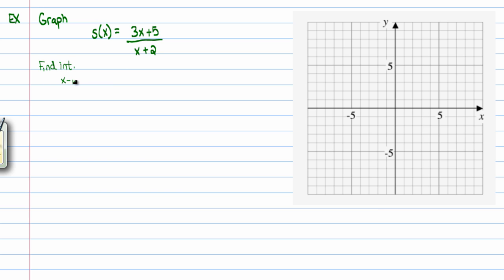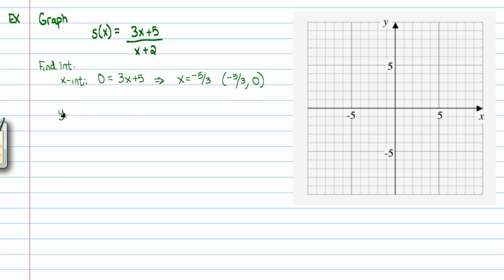So let's see, the x-intercept occurs when y is equal to 0. So that means the output is 0. And in this case, you see, oh, I do have the opportunity for that output to be 0. Subtract 5 divided by 3 implies that x is equal to negative 5/3. So this tells me that the x-intercept occurs at (negative 5/3, 0).